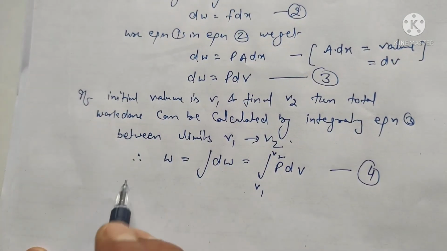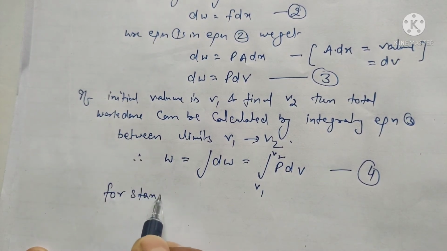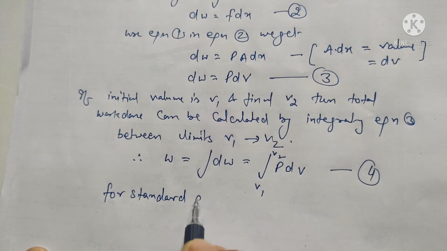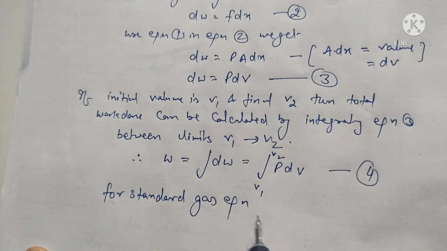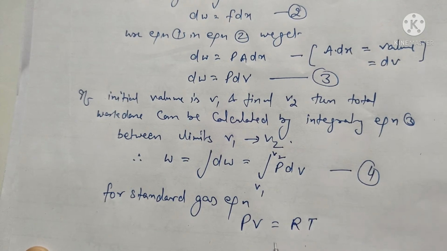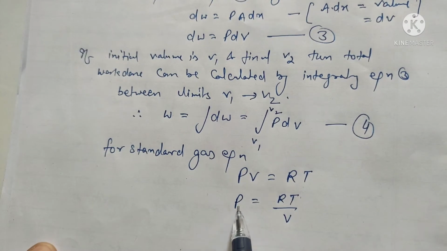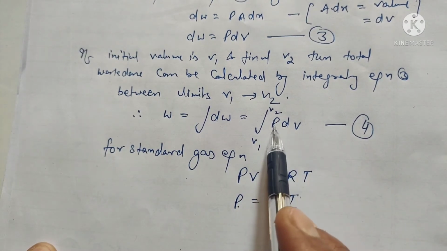We know that for the standard gas equation, PV equal to RT. Now we rearrange this equation: P is equal to RT over V. Now use the value of P in equation 4.